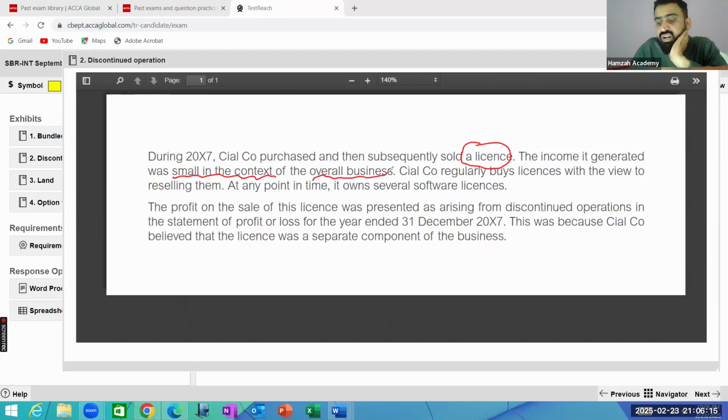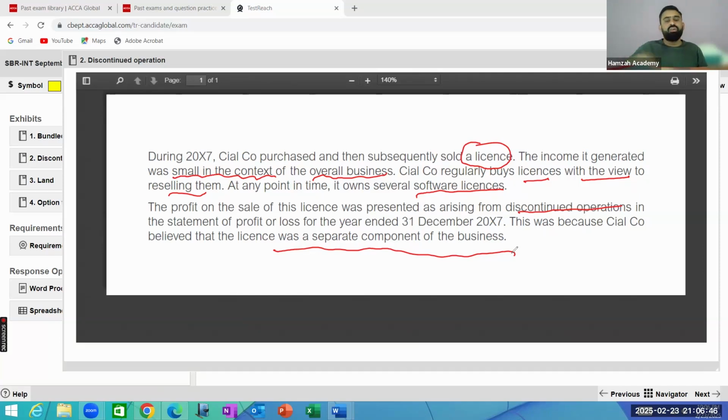And C company regularly buys licenses with a view to reselling them. At any point in time, it owns several software licenses. The profit on the sale of these licenses was presented as arising from discontinued operations in the statement of profit and loss for the year ended December X7. This was because C company believed that the license was a separate component of the business.